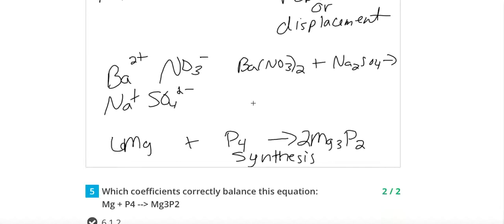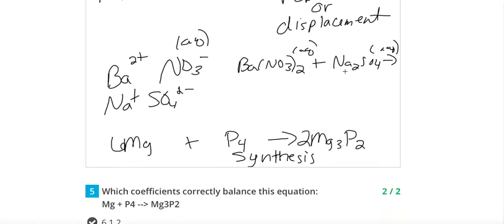Here are your hints. Nitrate, NO3, will always be aqueous. It'll always be in solution. Sodium, anything in family number 1, lithium, sodium, potassium, rubidium, cesium, all of those, will always be aqueous because it's in solution. So this one's aqueous because it's with a nitrate.